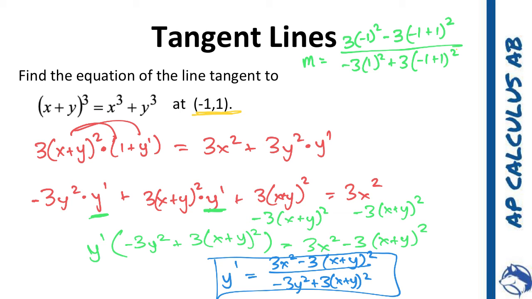Well, the best part about negative 1 plus 1 is that it's 0, so this whole thing is 0, that whole thing is 0. And I'm left with 3 over negative 3, which is the slope of negative 1.